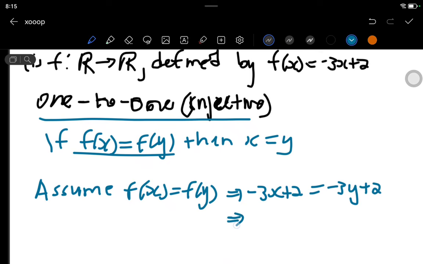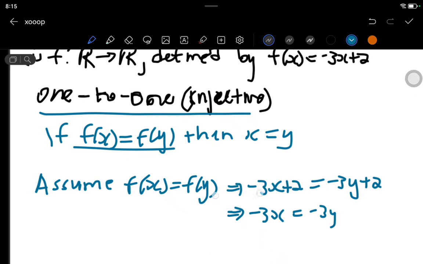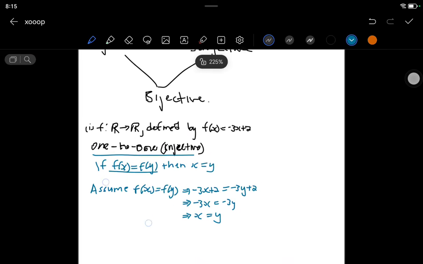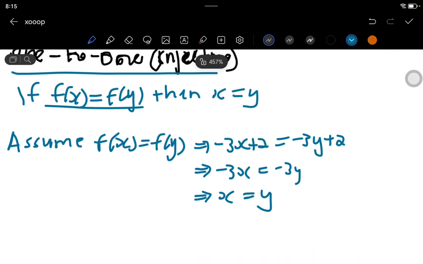Then when we take 2 to the other side, we're left with 3x equals 3y, with both sides negative. If we divide both sides by minus 3, we're left with x equals y. So we have indeed proven that this is 1-to-1. Hence f is 1-to-1.